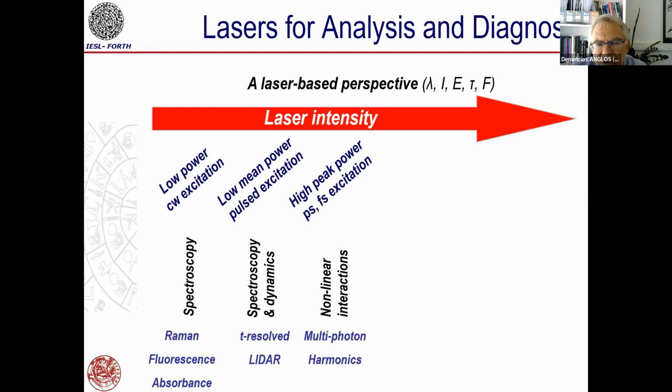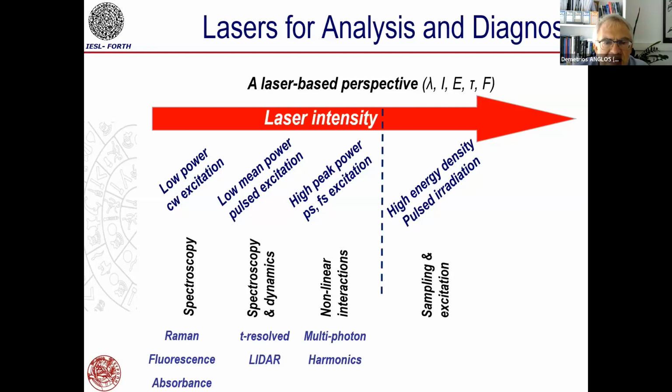Now, if we further increase our intensity, we actually cross a sort of dividing line, and we go to a regime where the interaction is such that material somehow is removed from the sample. So we have a more aggressive interaction.